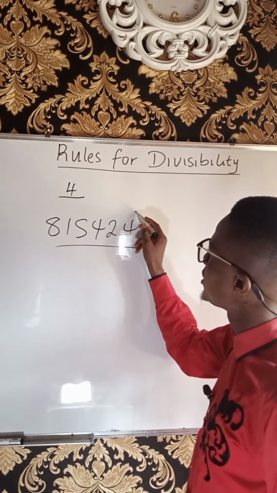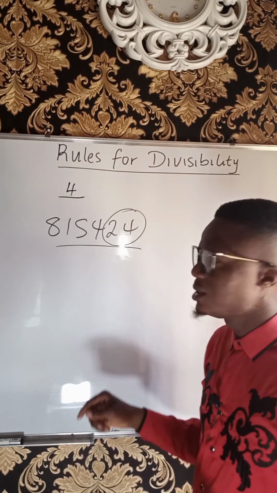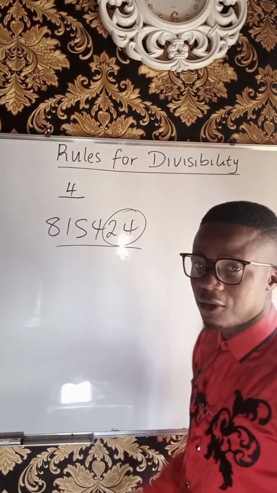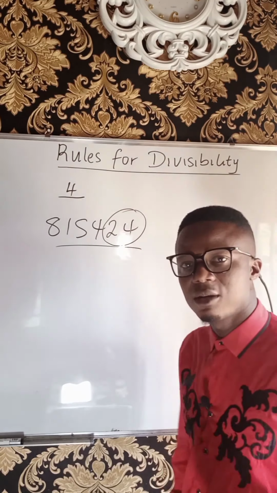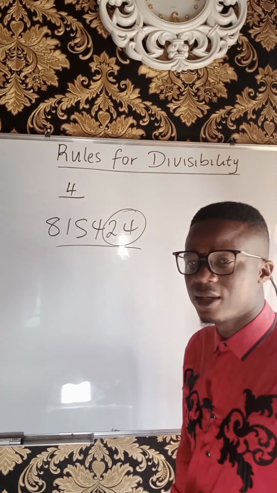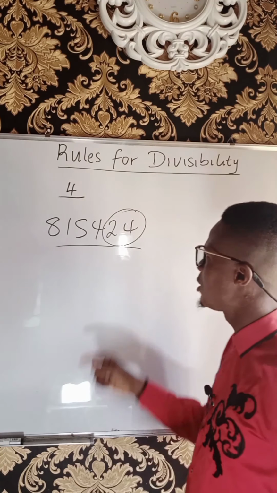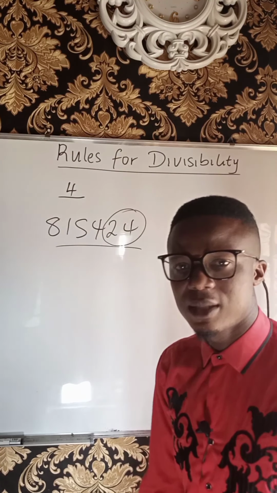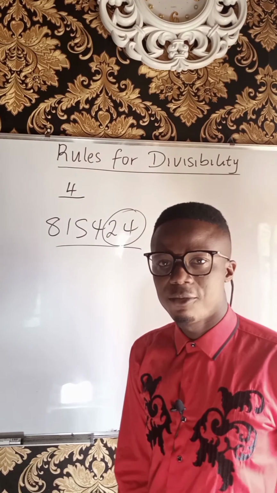You just need to concentrate on the last two digits. The last two digits here are 24, and you ask yourself, can 4 divide 24 without any remainder? Of course, yes. 4 will divide 24 to give us 6 without any remainder. And because 4 can divide 24, automatically we say that the entire number is divisible by 4.